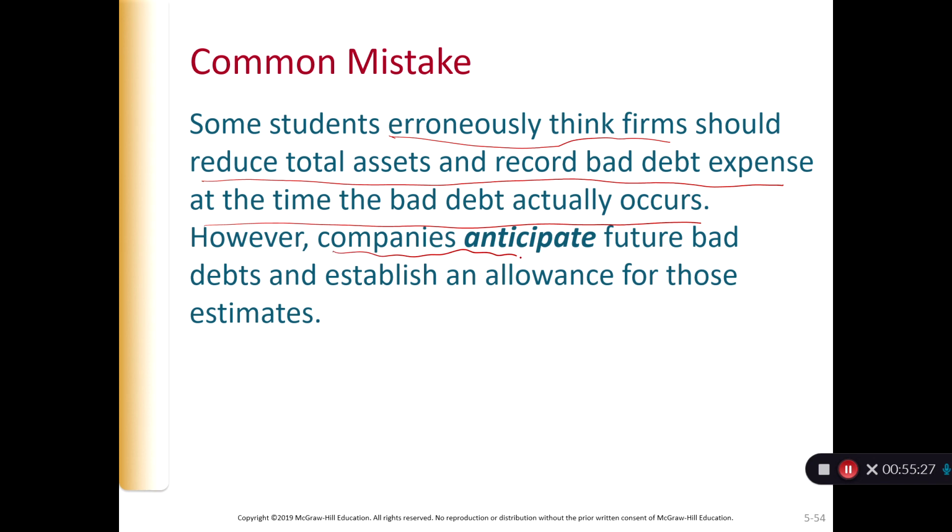However, companies should anticipate future bad debts and establish an allowance buffer for those estimations. The benefit is that your company's operation is not driven by all of a sudden a lot of people failing to pay you, or everybody being able to pay you. By using the allowance account, you control how much bad debt expense you endure in every period.